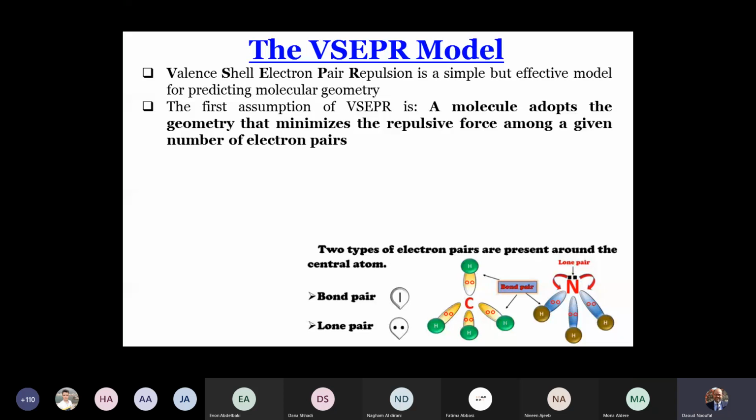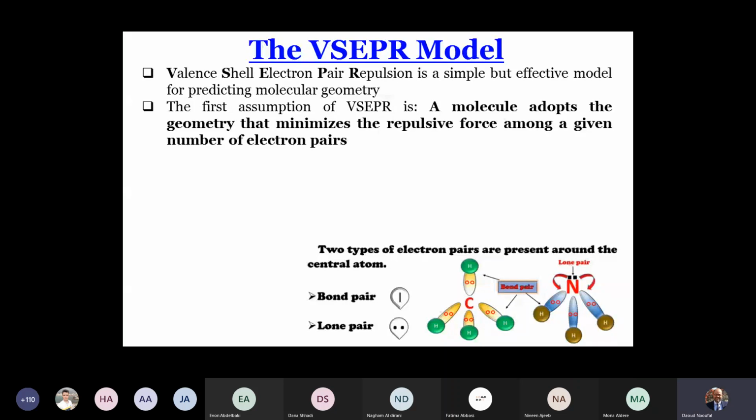This is the rule of Gillespie, or the VSEPR model. According to VSEPR, a molecule adopts the geometry where the repulsion between the valence electrons of all atoms involved is minimum.